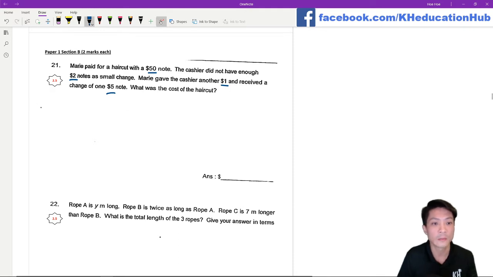So how much did Marie give to the cashier? So she gave $50 plus another $1, right, which is $51. And she got back a change of a $5 note, which means that 51 minus 5 will give you 46. Okay, so the haircut cost $46.